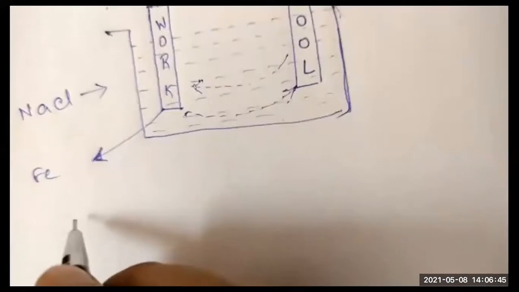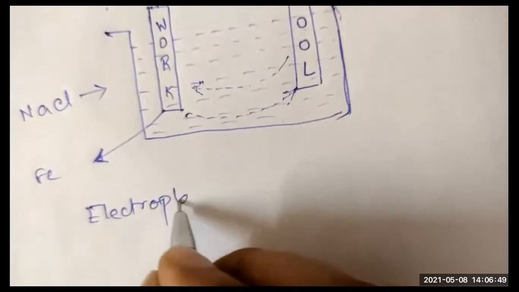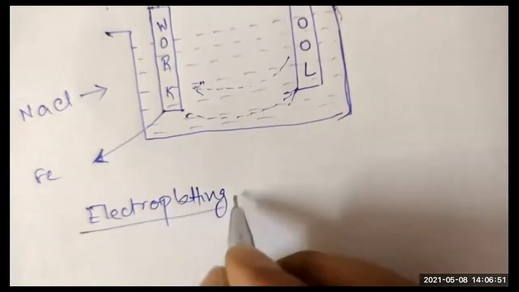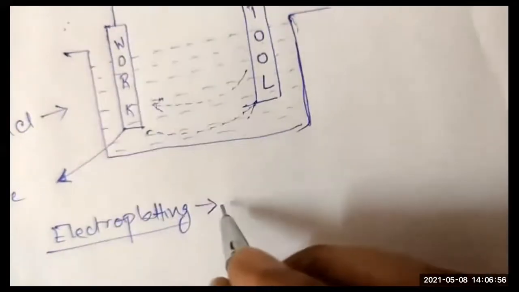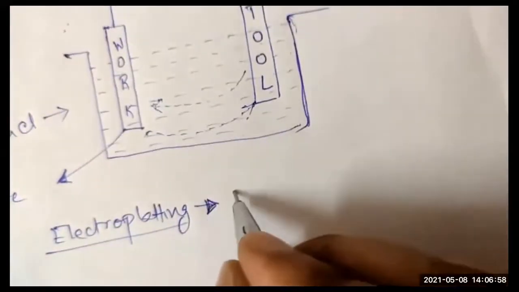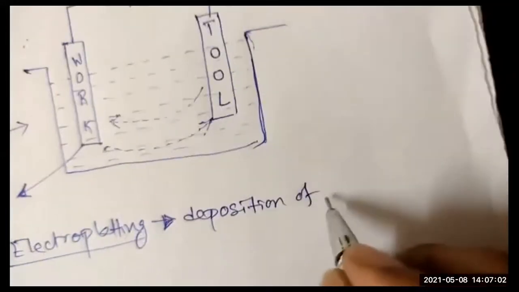I'll just write it down. If we are going to do electroplating, then we will have a deposition of ions.